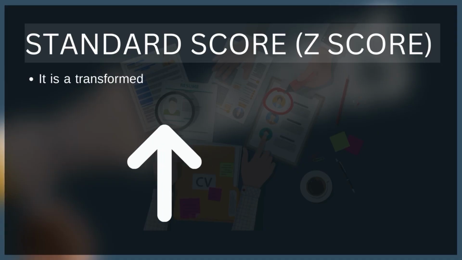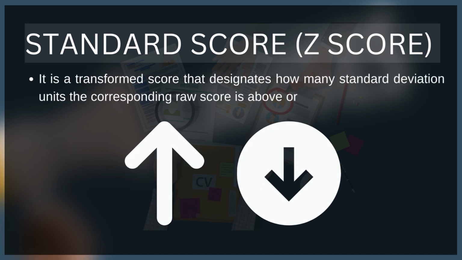So, what exactly is a Z-score? It is a transformed score that designates how many standard deviation units the corresponding raw score is above or below the mean. As I said, if the raw score is above the mean, then that is a positive Z-score, and if it is below the mean, then that is a negative Z-score.